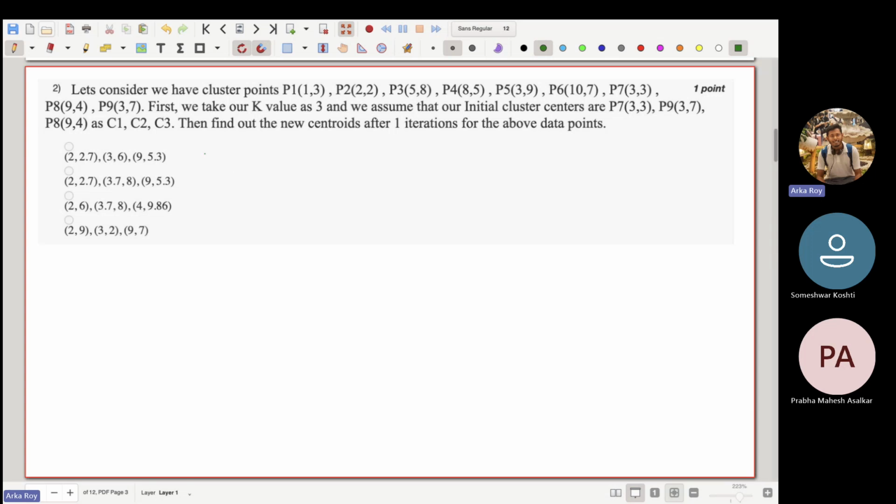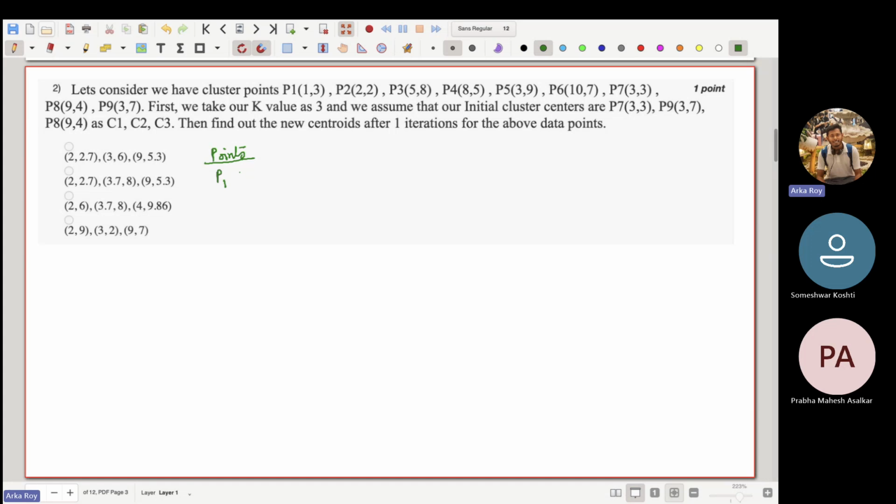We have to calculate the Euclidean distance from each point to the centroids. Here, centroid 1 is point 7, which is (3, 3). Let me write it in a tabular fashion. So you have points.